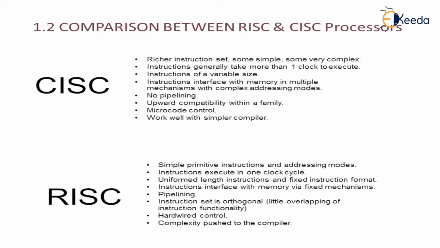And again, it was hardwired controlled, and it also played an important role when it started working with the complex compiler. CISC was not able to work with the complex compiler. Here, RISC was able to work with the complex compiler also.